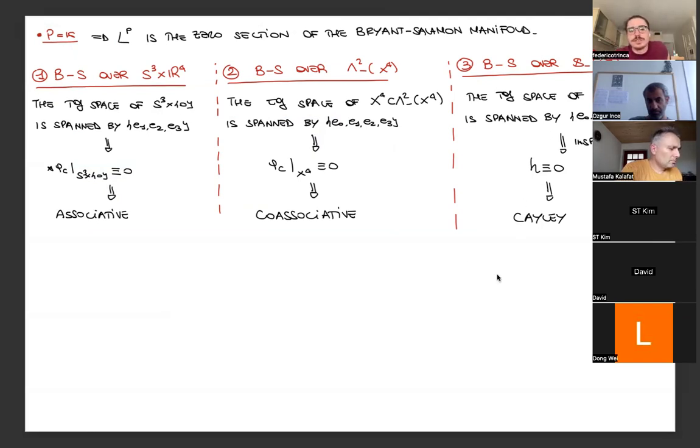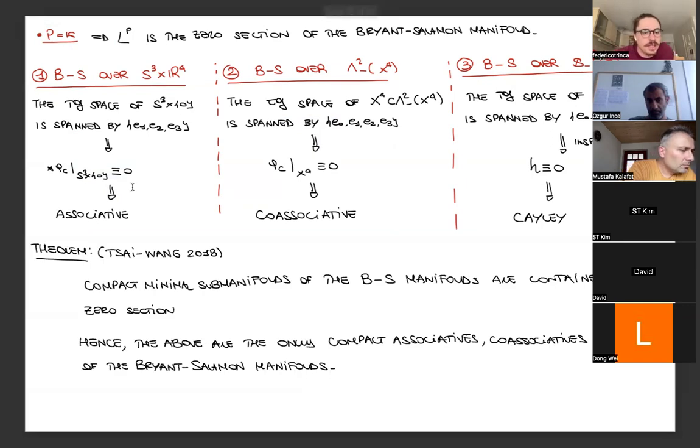Something actually stronger can be said in this context, and this is due to Tsai and Wang. What they proved was that if you're looking for compact minimal submanifolds of the Bryant and Salamon manifold, then you need to be contained in the zero section.